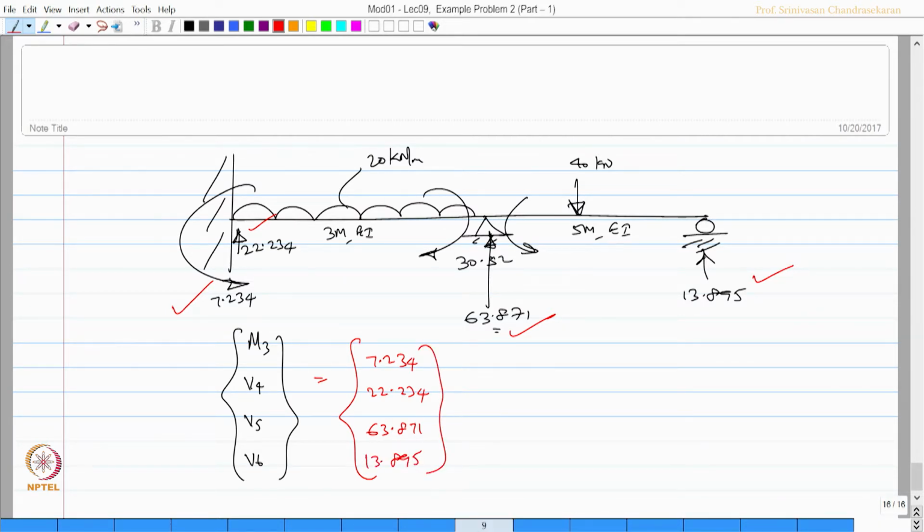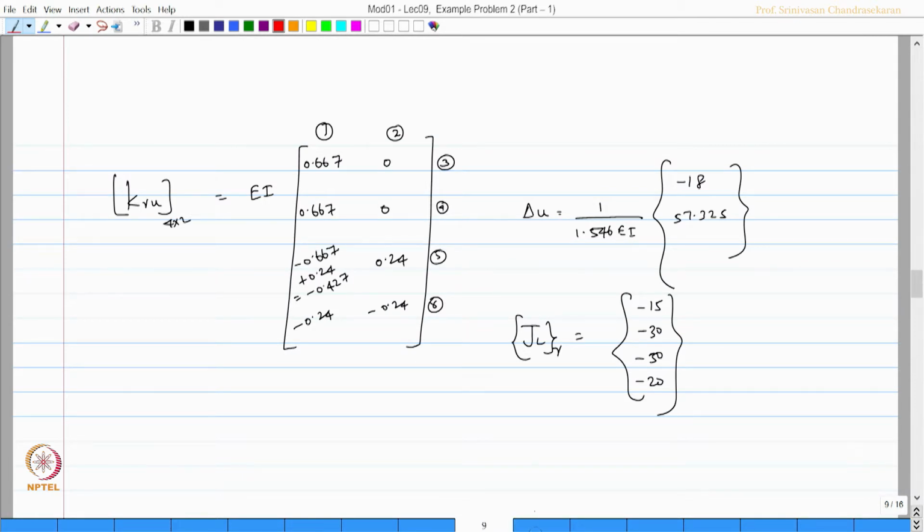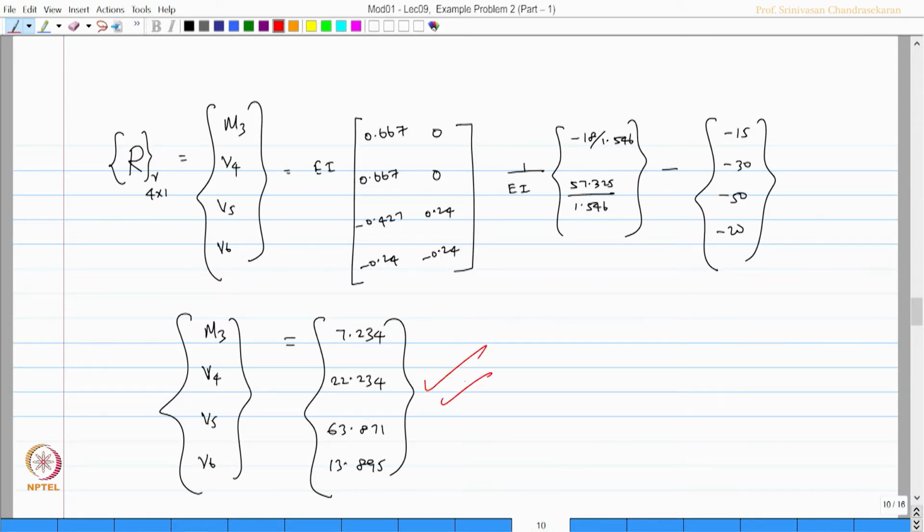So, if you compare this value with what we have here, it is exactly the same. So, one can check the solution by this method also, so that the solution obtained by the previous steps and the final step are compared and verified.